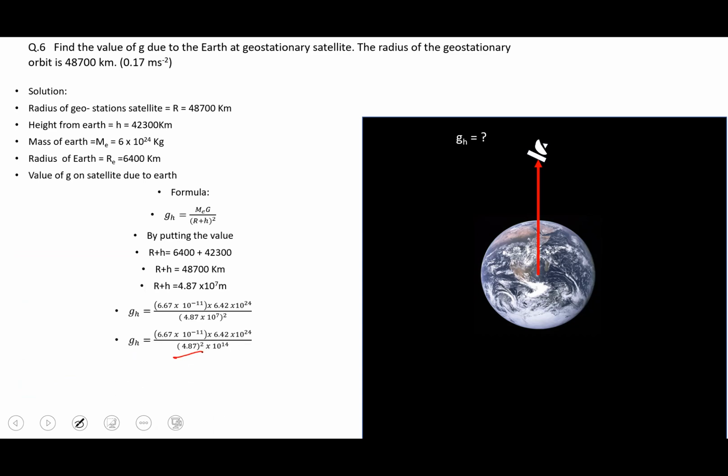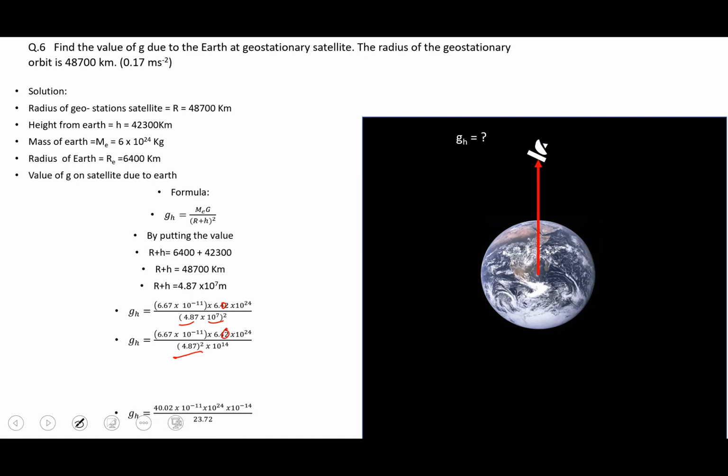We'll first take the square of 4.87, multiplied by the square of 10 to the power 7, which is 10 to the power 14, and the value of G is written as it is, which is 6.67 into 10 to the power minus 11, and the mass of the Earth, which is 6.00 into 10 to the power 24.